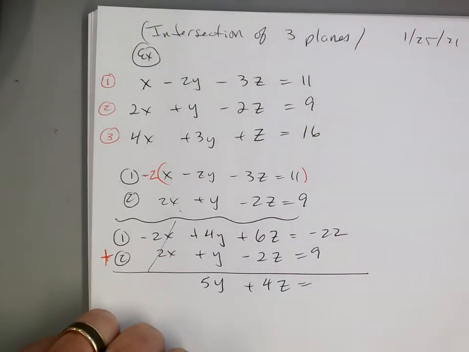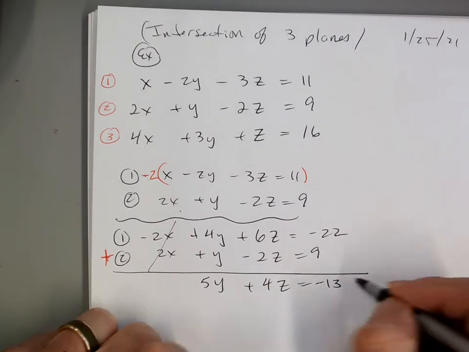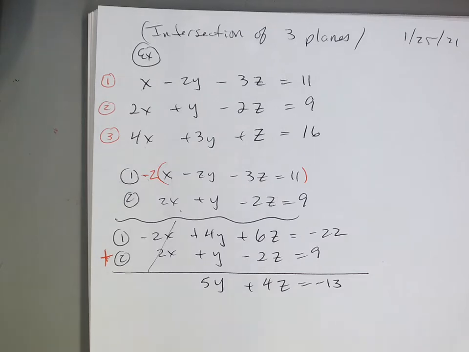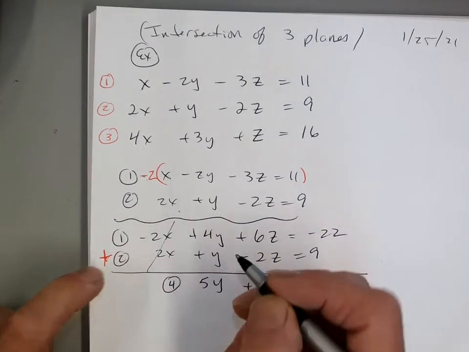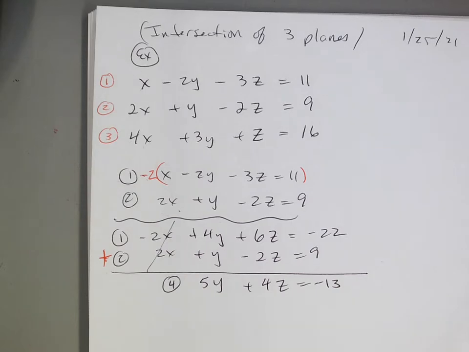What is that? Negative 13. Okay? How am I doing? X's are gone, right? So this is a new equation. I'm going to call this equation 4, okay?